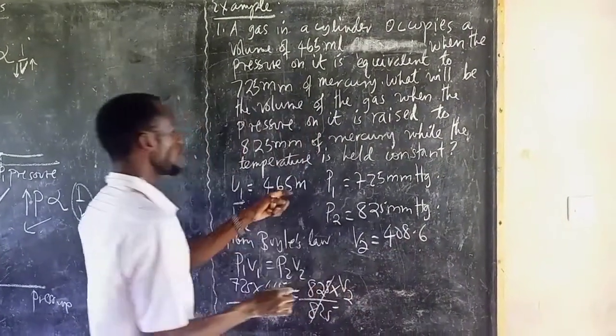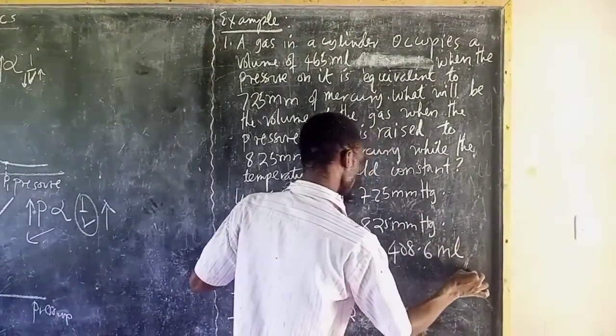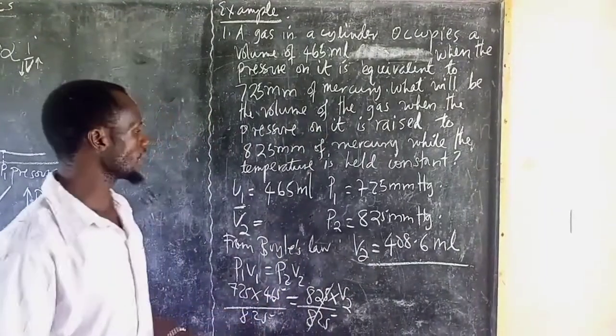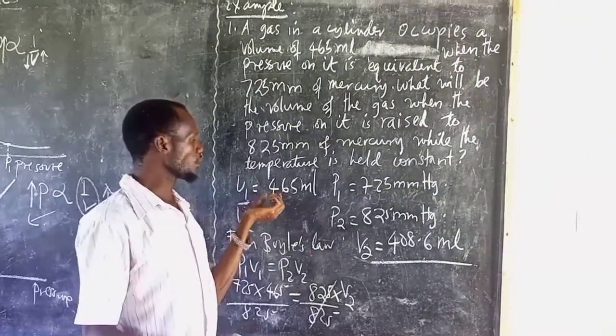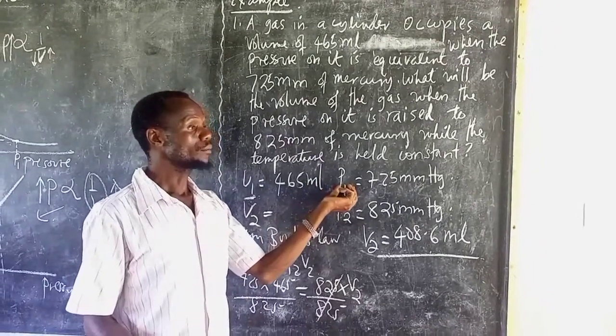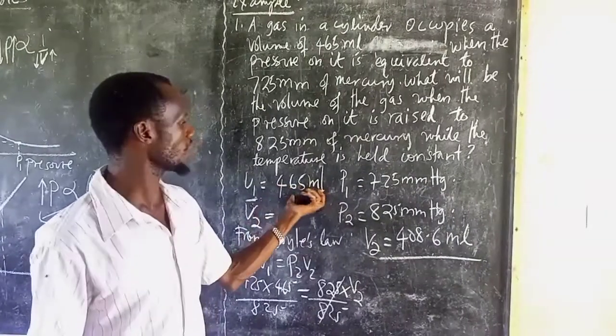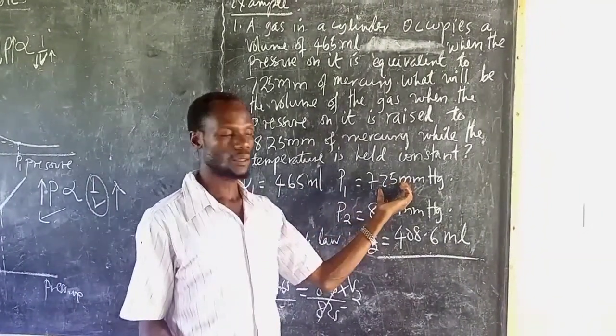The volume is recorded in milliliters. As you can see, before the volume was recorded as 465 milliliters, when the pressure was this one.